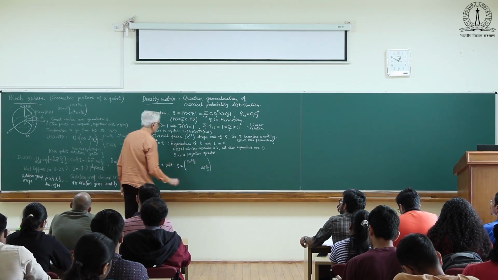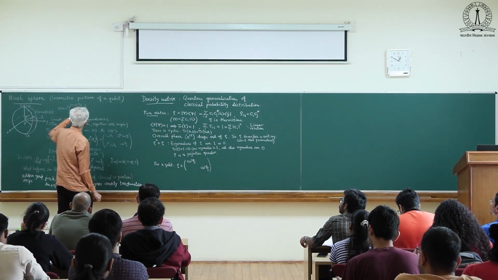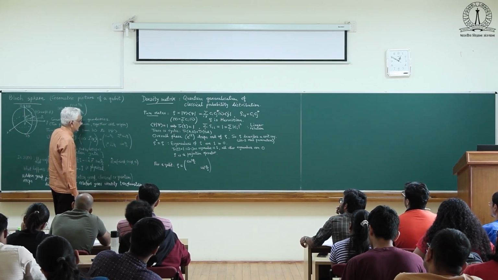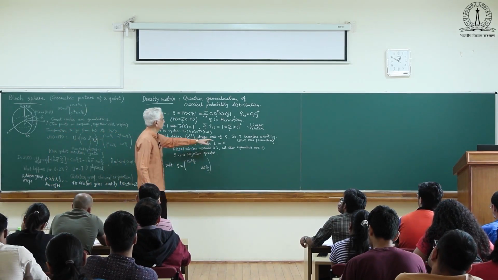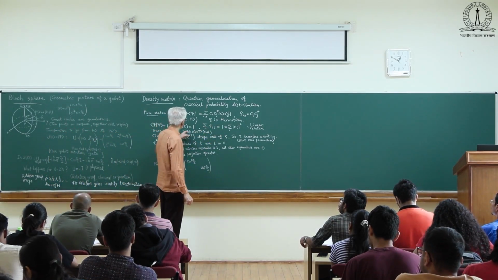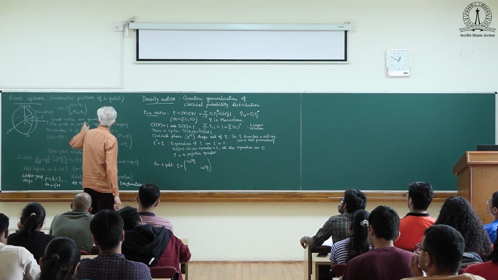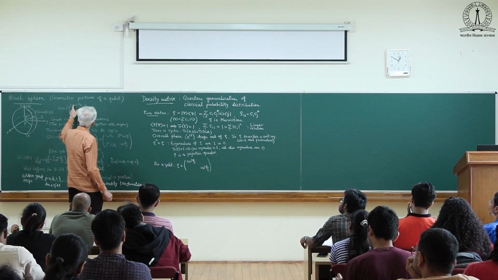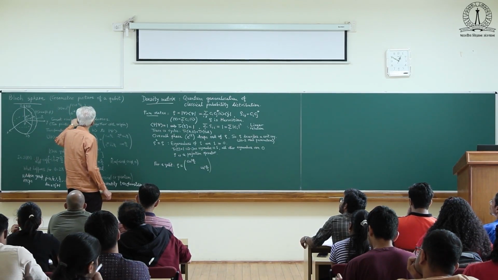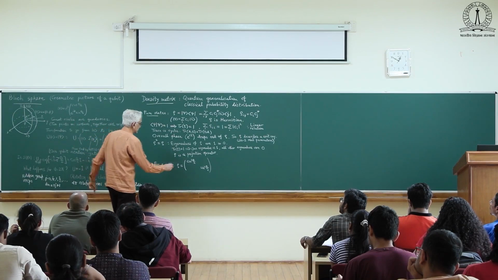The diagonal elements are this square and that square, and obviously this trace rho equal to 1 is trivially satisfied. The off diagonal one will involve this phase.